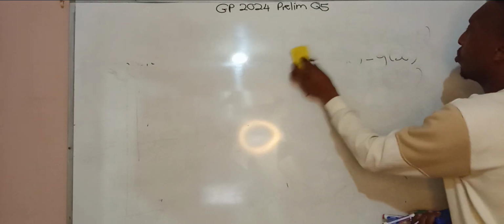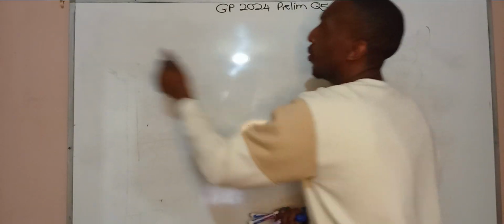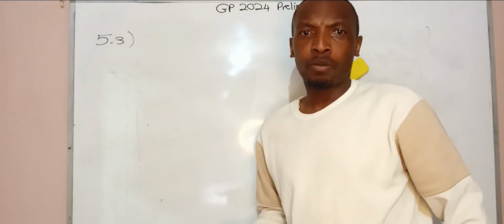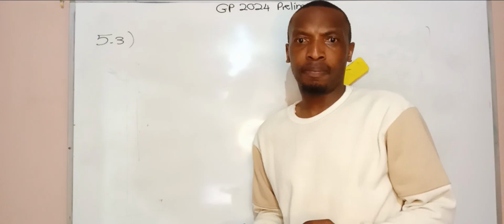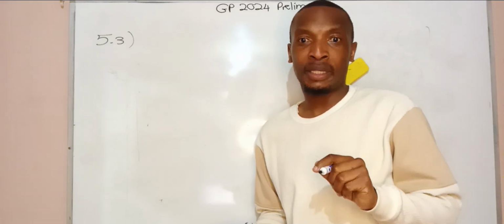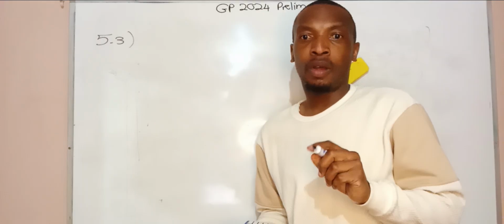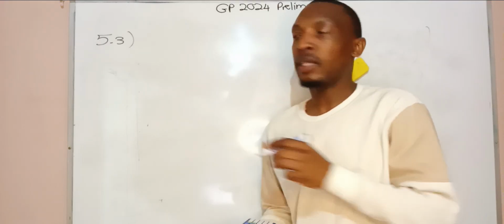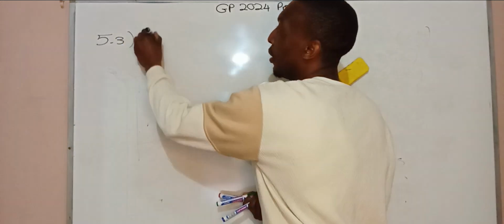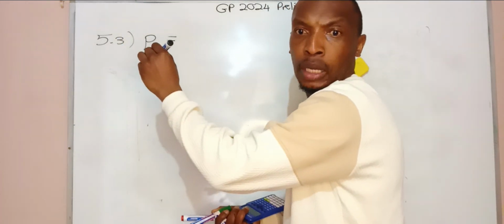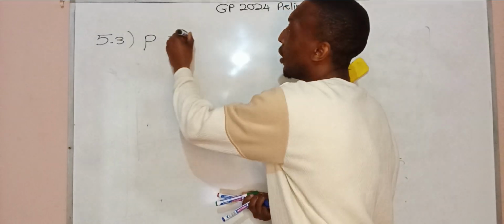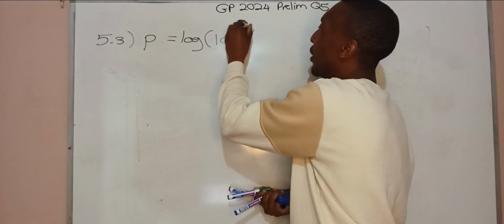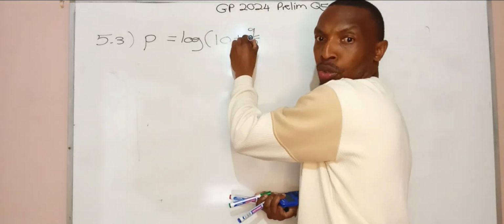All right, what does 5.3 say? 5.3 says the price P in rands per unit of each item in a consignment of Q items is given by P is equal to log of 10 plus Q over 2.